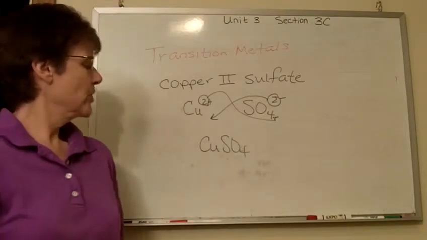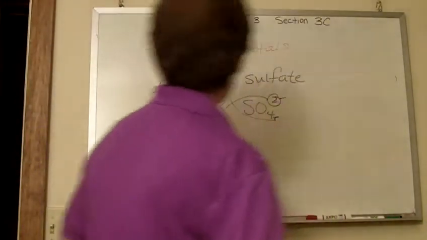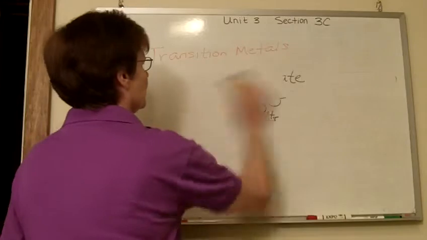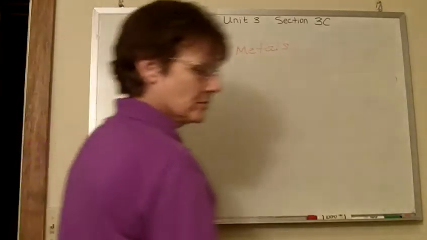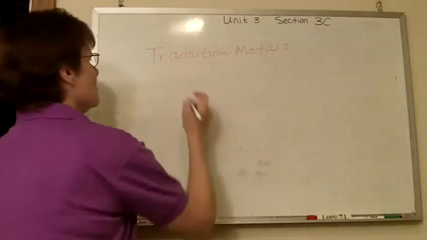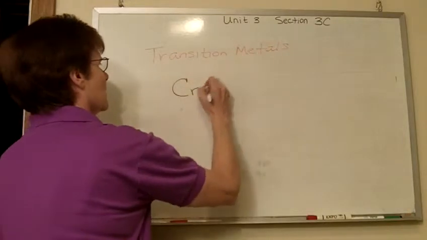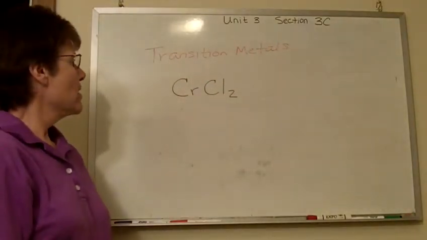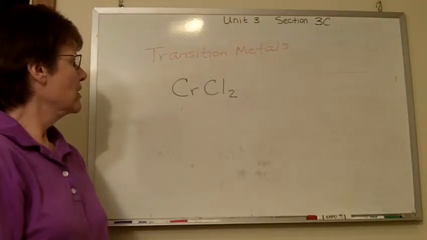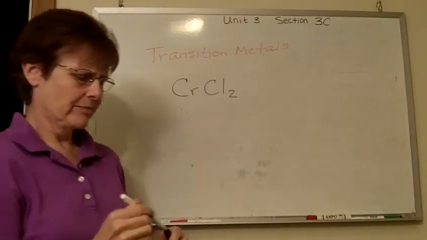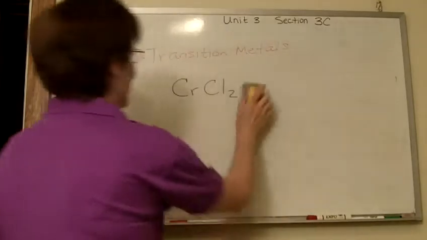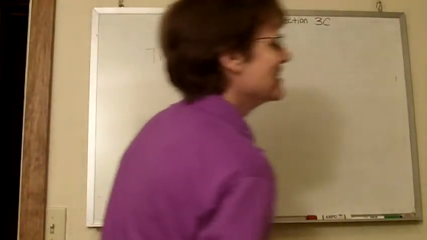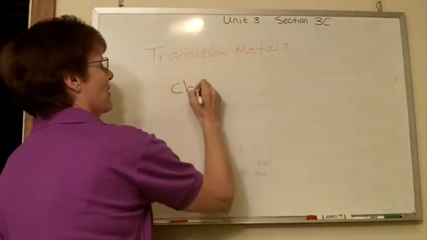So let's do one more example of this. Maybe we'll have this. So this is chromium. I'm going the wrong way, aren't I? Sorry. Start with a name. Gave it away though.